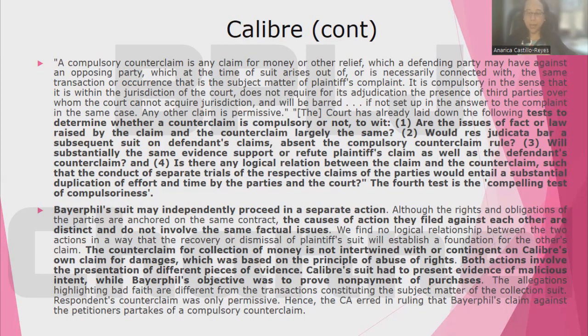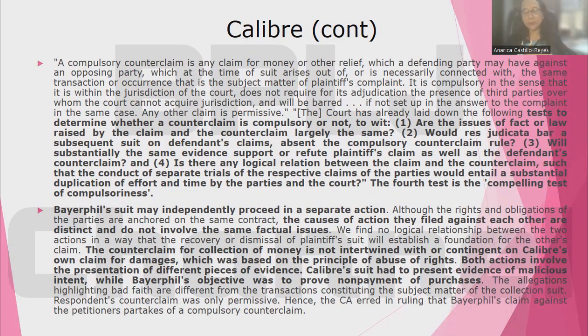The causes of action they filed against each other are distinct and do not involve the same factual issues. The counterclaim for collection of money is not intertwined with or contingent on Calibre's own claim for damages, which was based on the principle of abuse of rights. Both actions involve the presentation of different pieces of evidence.